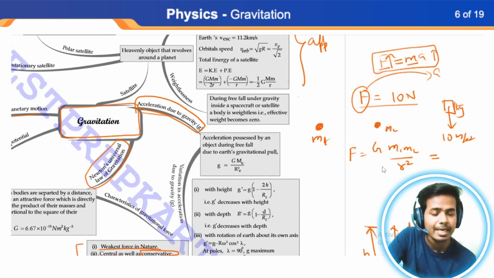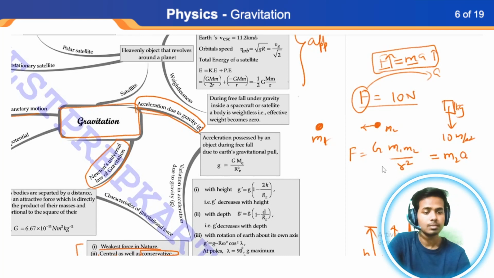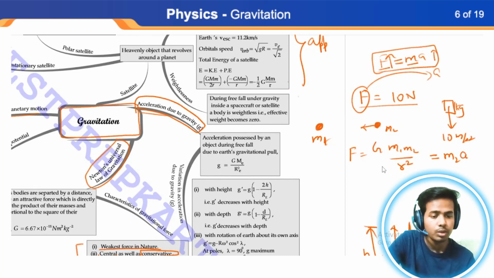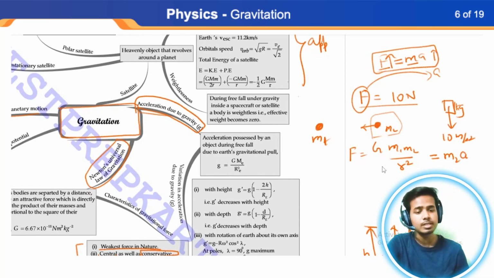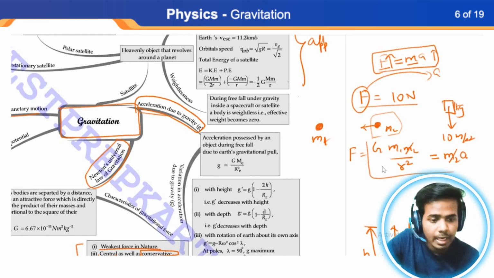We are actually calculating the acceleration of m2 body, then it must be equal to m2 into some acceleration, right? If we are only looking at the body 2, what is happening to the body 2, then we must be concerned about its acceleration, because some force is acting on it. It means if you take both of them, m2 gets cancelled out, and which means acceleration is equal to G m1 by r square.